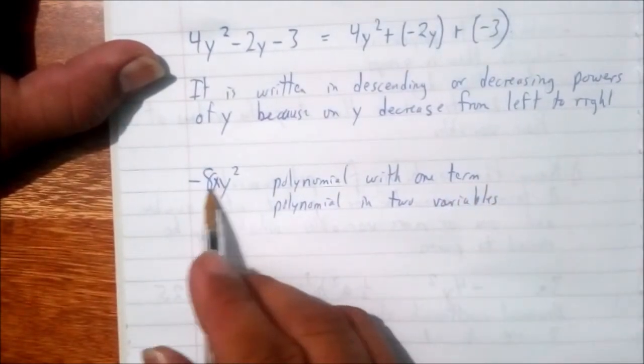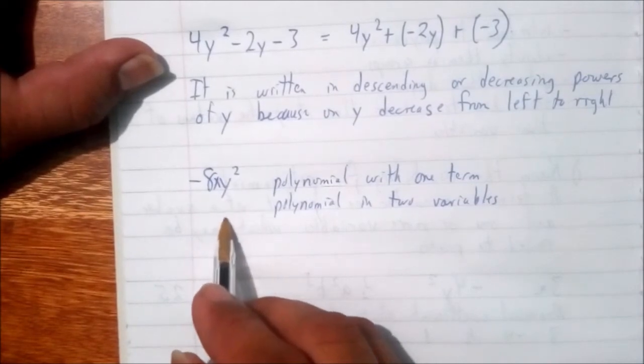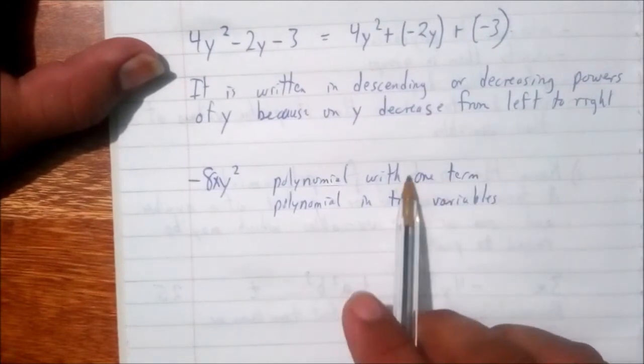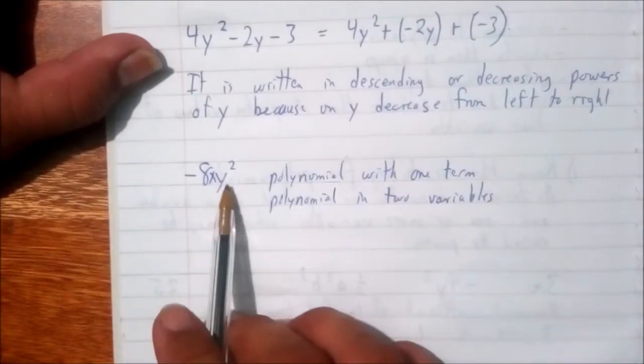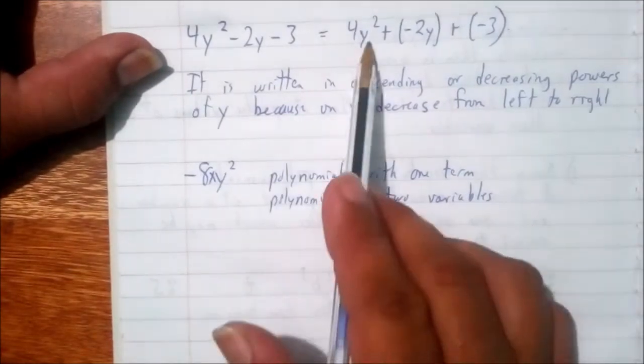We have 2 variables, x and y. That's why we call it a polynomial in 2 variables. Okay, that's basically it for this one here. A polynomial with 1 term here, and a polynomial in 2 variables, compared to when we break it down in this way.